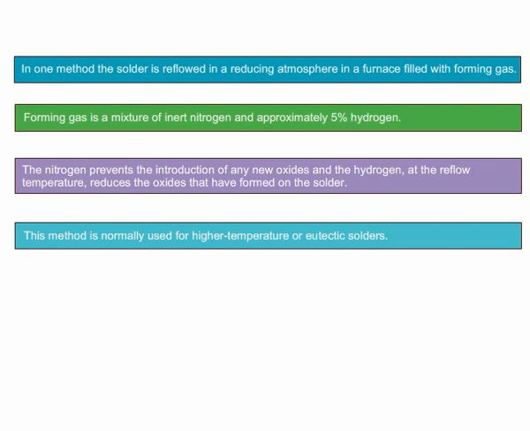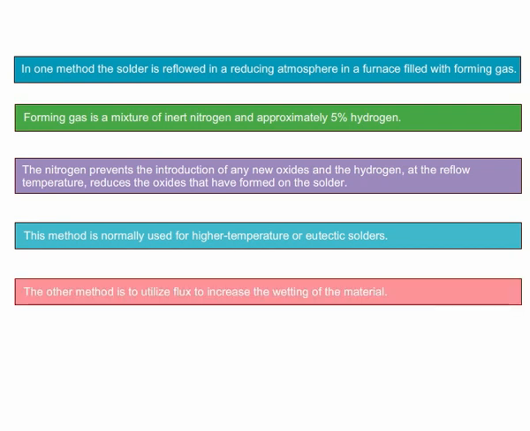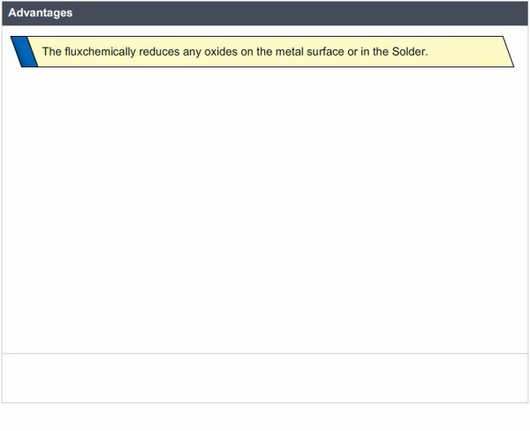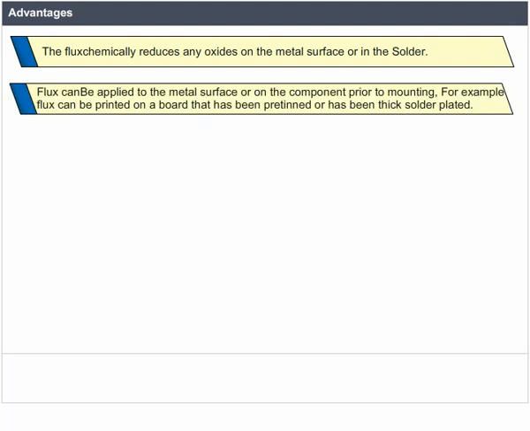The other method is to utilize flux to increase the wetting of the material. The flux chemically reduces any oxides on the metal surface or in the solder. Flux can be applied to the metal surface or on the component prior to mounting. For example, flux can be printed on a board that has been pre-tinned or has been thick solder plated.